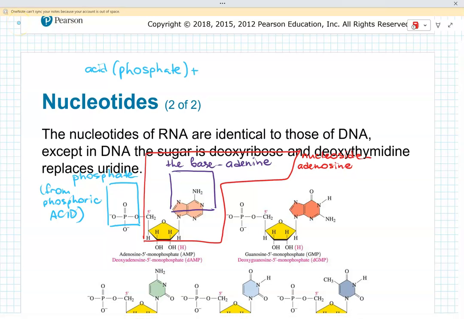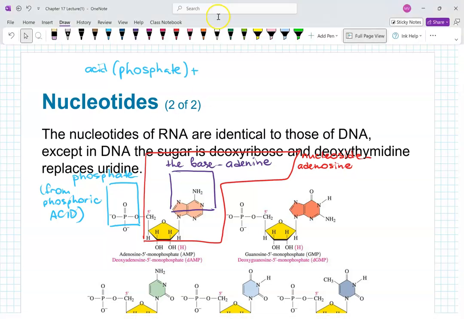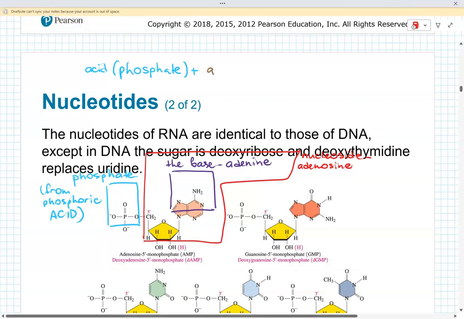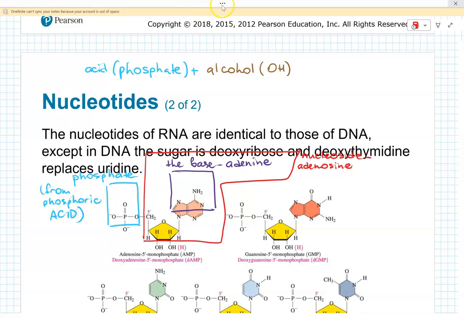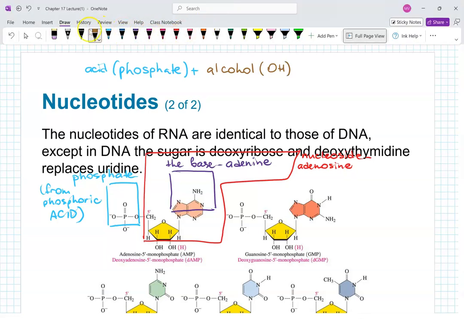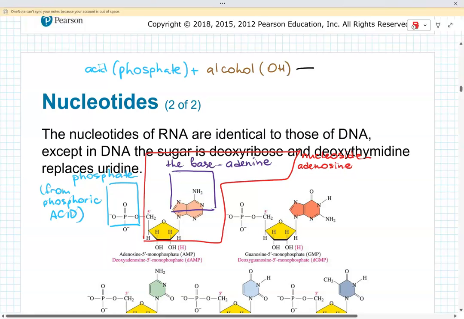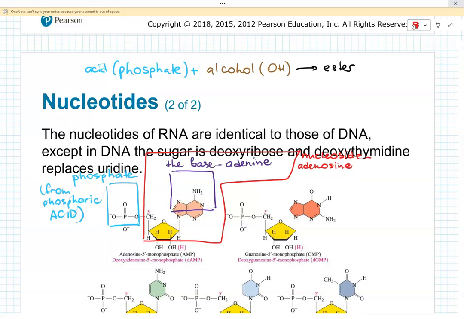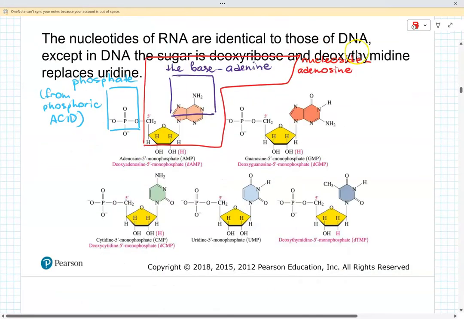Plus alcohol, OH group. What you're going to get is an ester. Okay? So this is the ester bond.